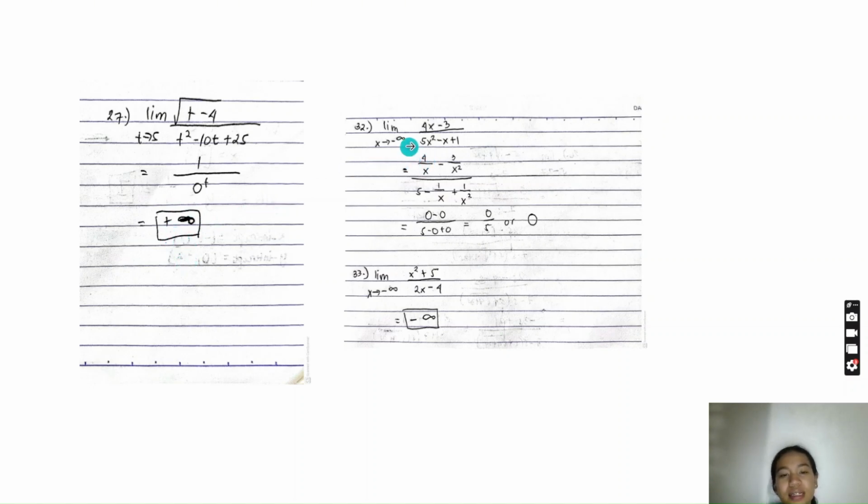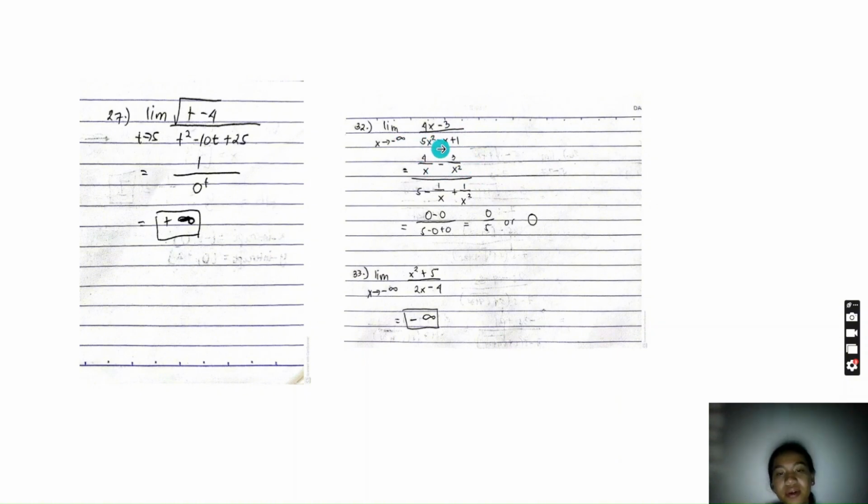Number 32 is the limit of 4x minus 3 all over 5x squared minus x plus 1 as x approaches negative infinity. In this case, since the highest exponent is in the denominator, we will simply divide each term by x squared. So 4x divided by x squared is 4 over x, and negative 3 becomes negative 3 over x squared.